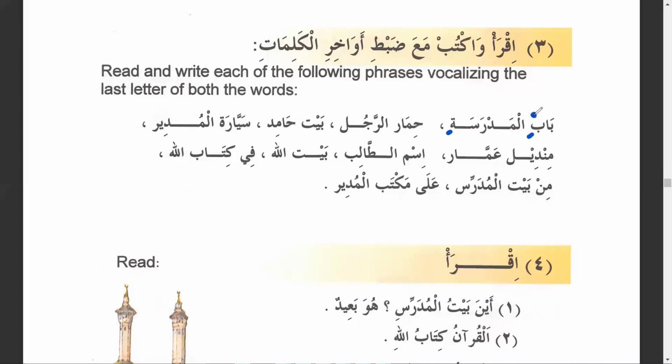Yes, it can be Babul Madrasati. Excellent. So it can be Babul Madrasati or Babal Madrasati or Babil Madrasati. Alhamdulillah. So you can randomly choose the Rafa status for Mudaf, or Nasb, or Jar status.